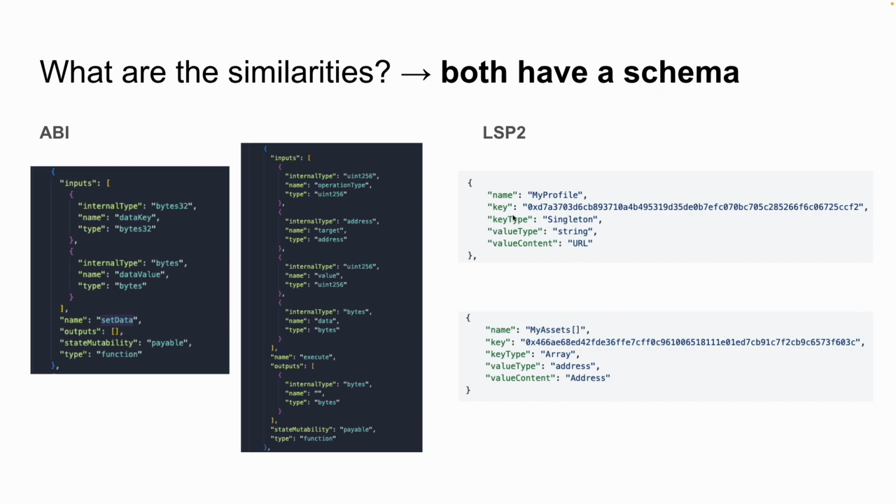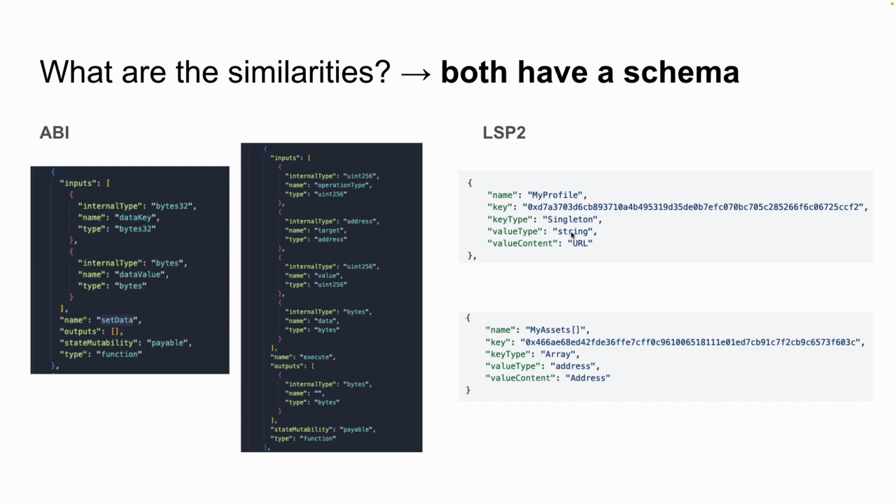You also have properties in the same way as you have properties in the ABI schema. Here one of the properties is the key type, what type of key this represents. Then you have a property about the content, the data stored inside this data key.